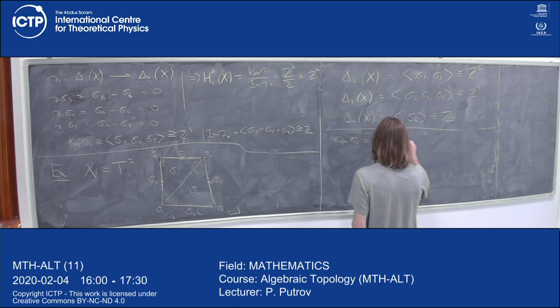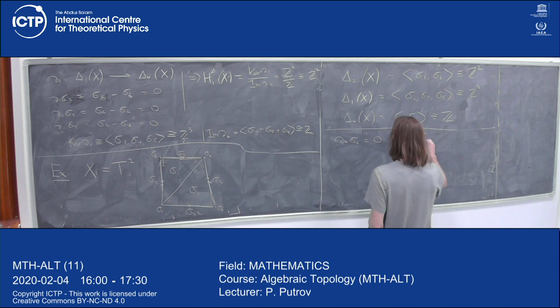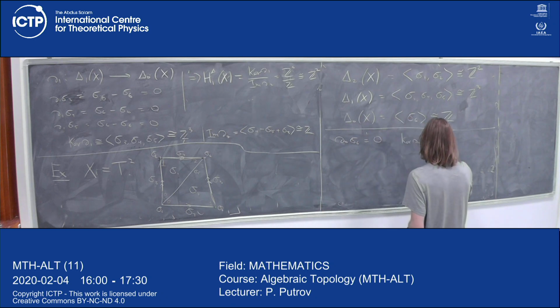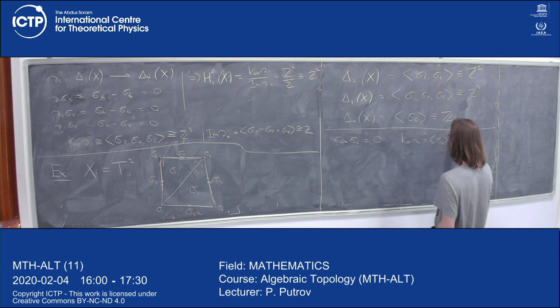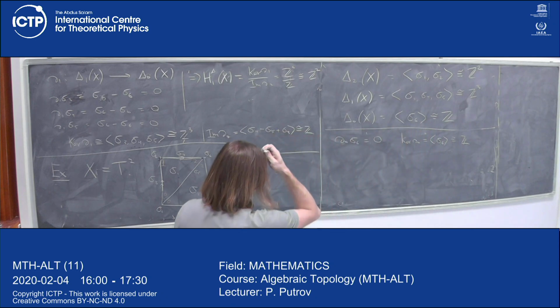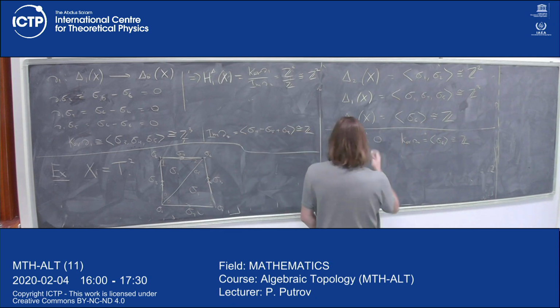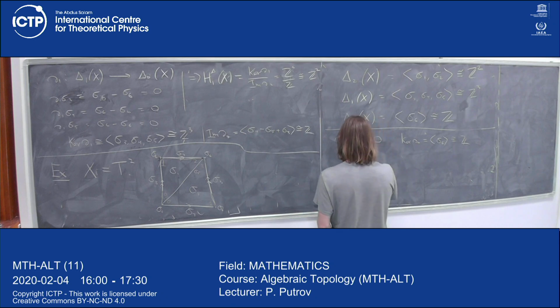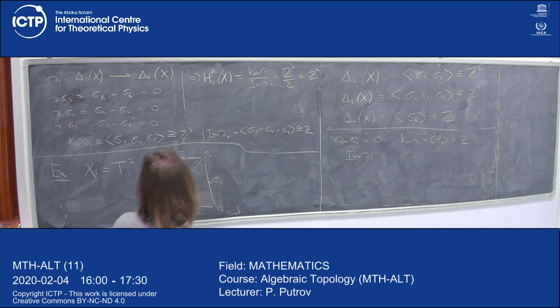So the kernel of D0 is the Abelian group generated by this sigma 6, which is Z. And we need to quotient it with respect to the image of D1, which was trivial, right?